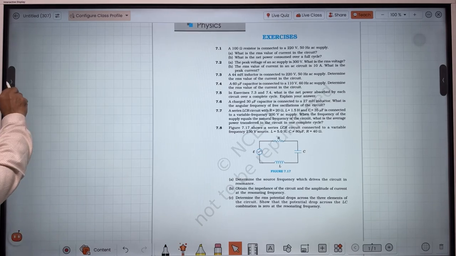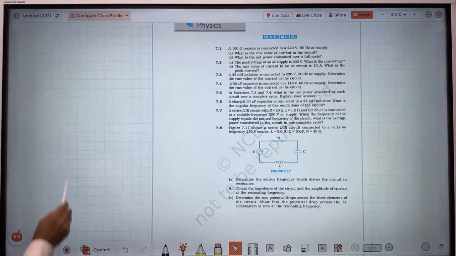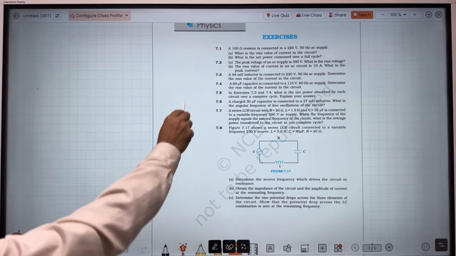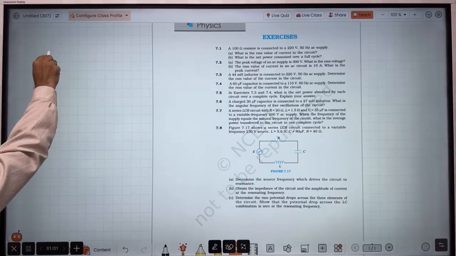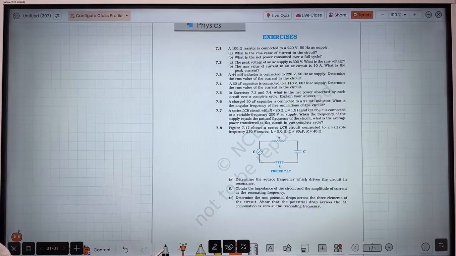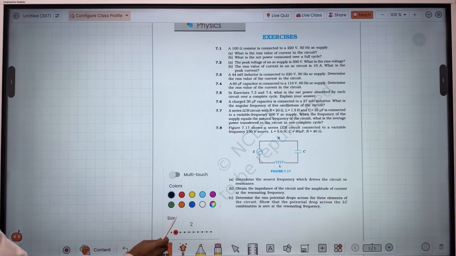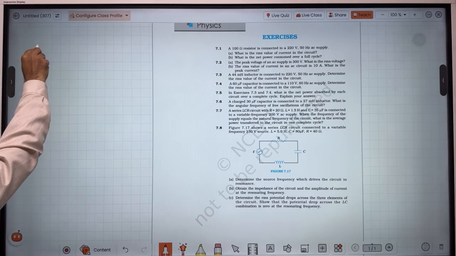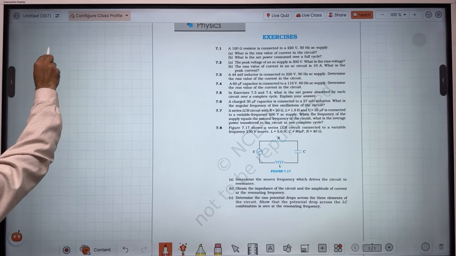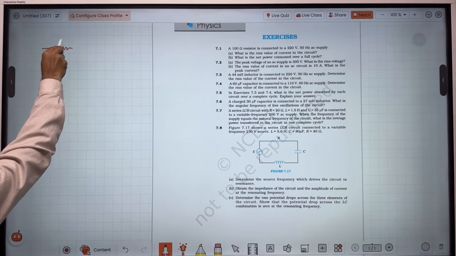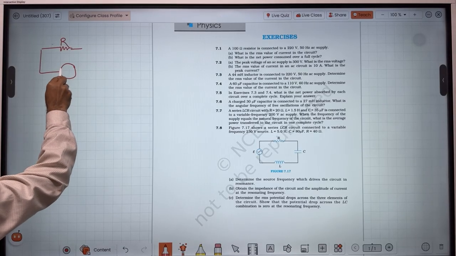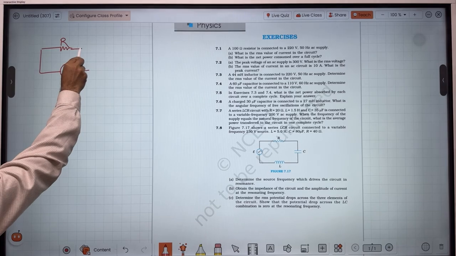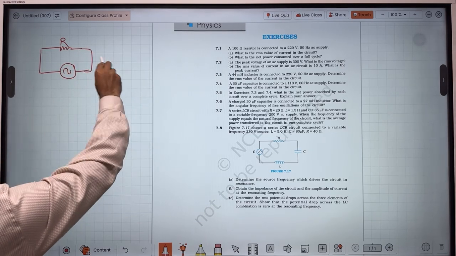So we can calculate it. Here is an AC circuit containing resistance only. Do you remember the case as I told you? When there is an AC circuit and it contains a resistance R, in that case, what happens?